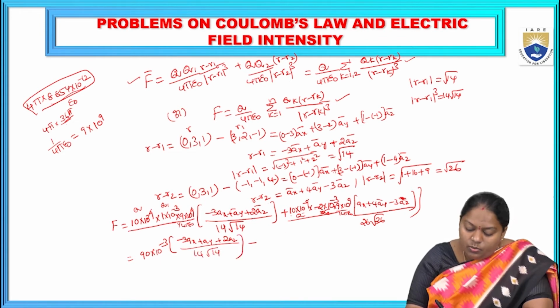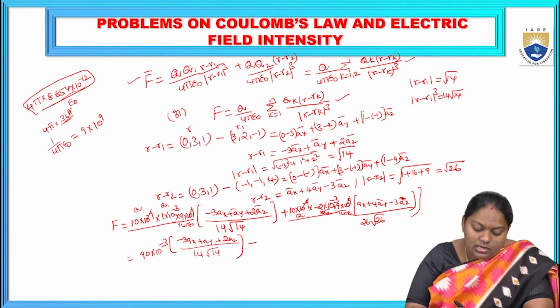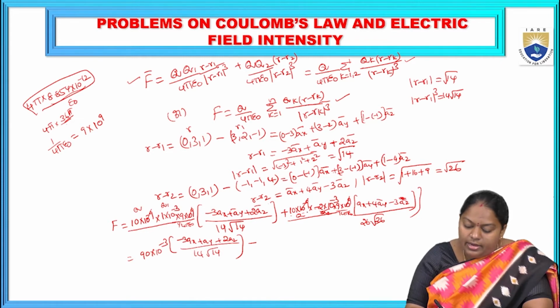Because here 10 power minus 9 and 10 power plus 9 get cancelled, then 10 into 9 becomes 90 here, and if you multiply this minus 2 with the plus, it is minus. Then 2 into 90 is 180, that is 180 into 10 power minus 3, into ax plus 4ay minus 3az, by 26 root 26.